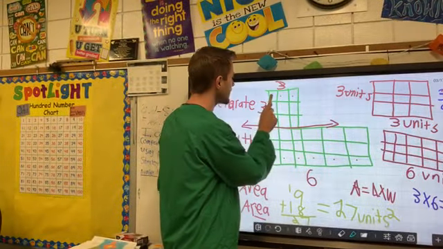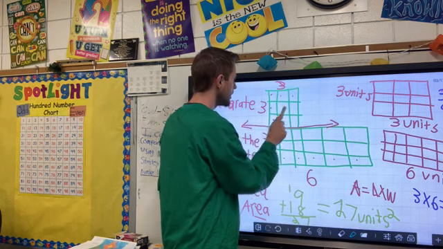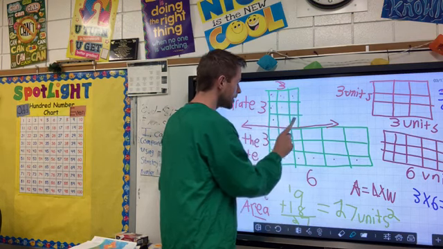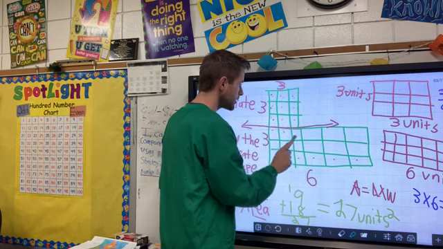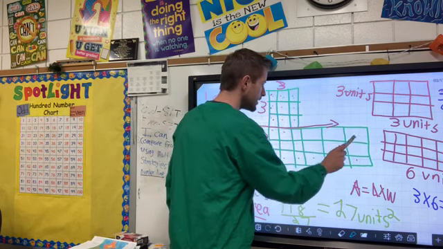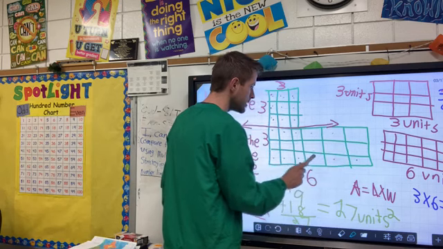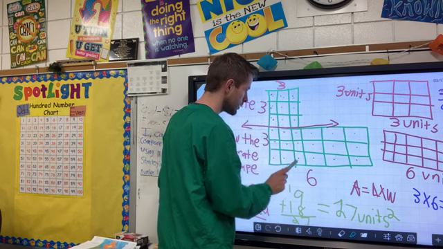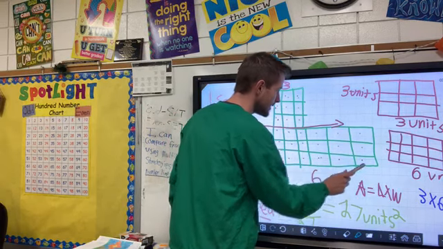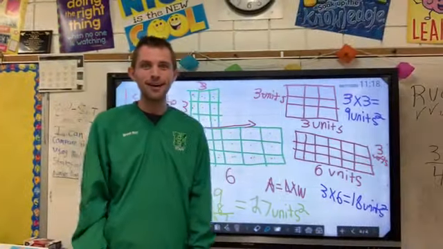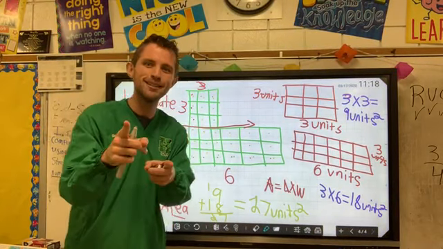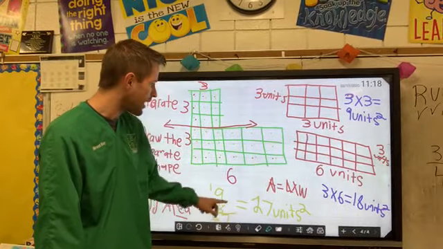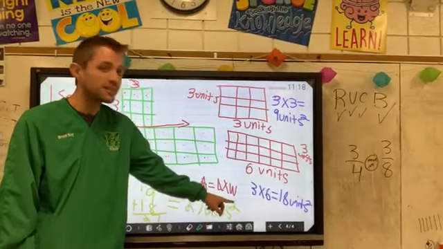So let's count the blocks inside. 1, 2, 3, 4, 5, 6, 7, 8, 9, 10, 11, 12, 13, 14, 15, 16, 17, 18, 19, 20, 21, 22, 23, 24, 25, 26, 27. Phew, thank God that was right, because if it wasn't, I would have to redo this video again. All right, so we are correct in saying that our area is 27 units squared.